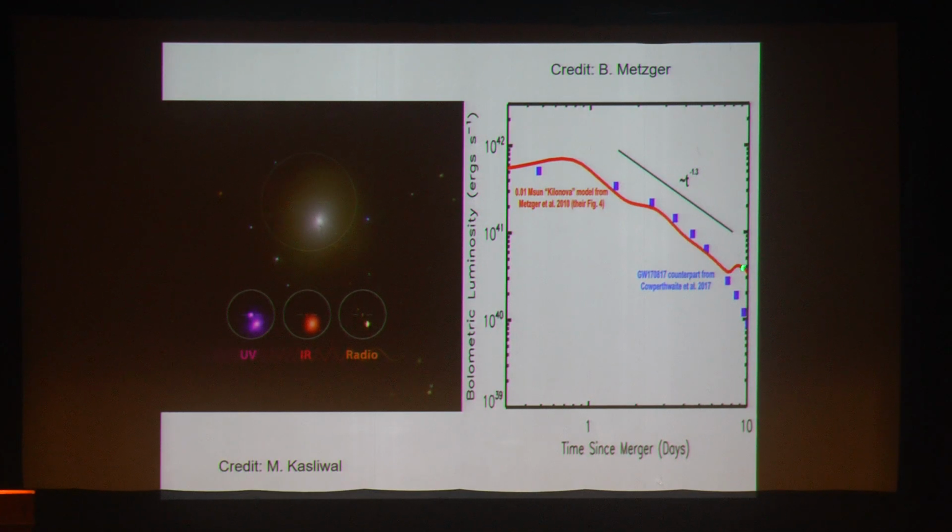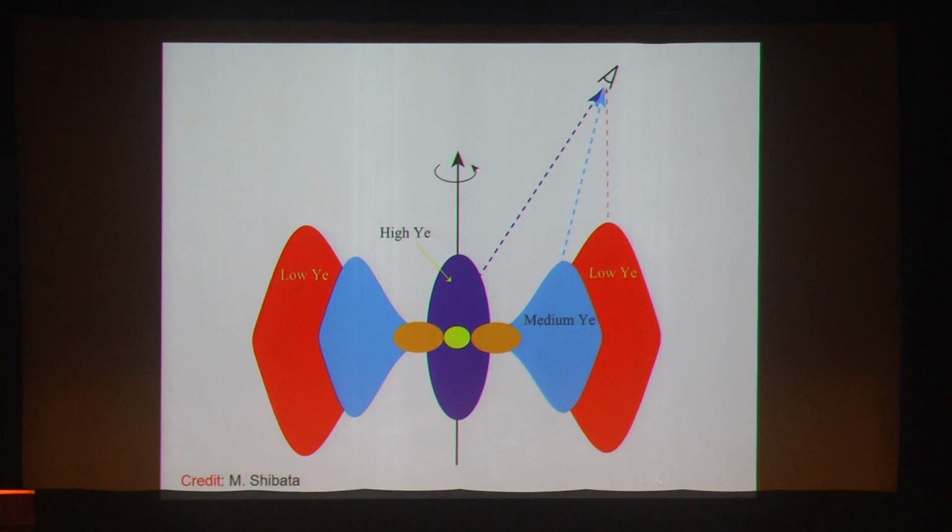You can see how nicely they go hand in hand, and you can also see the predicted maximum luminosity, which is close to 10 to the power 42 ergs per second.